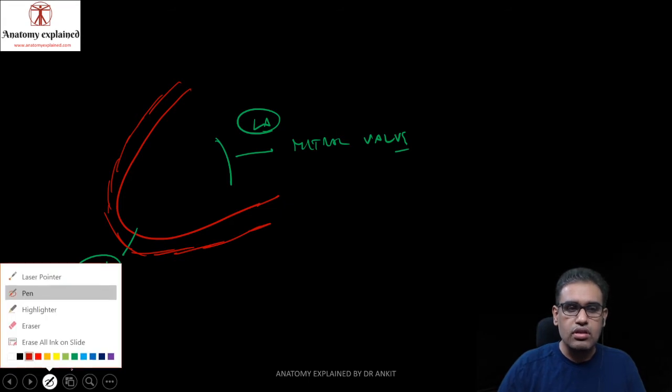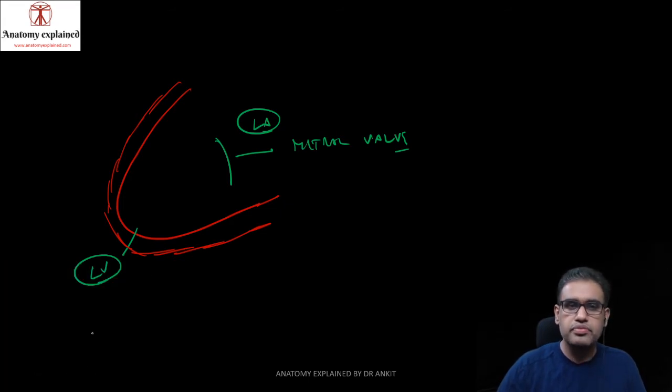Now look carefully over here: the mitral valve is a bicuspid valve, so you have two cusps. There is going to be an anterior cusp over here, and you also have a posterior cusp over here. So you have two cusps on both sides.